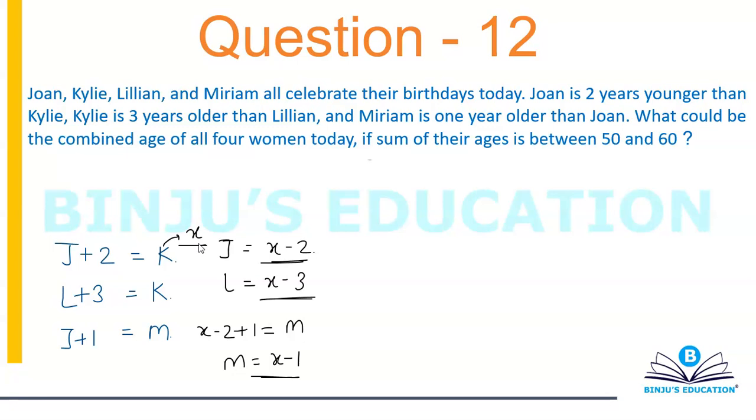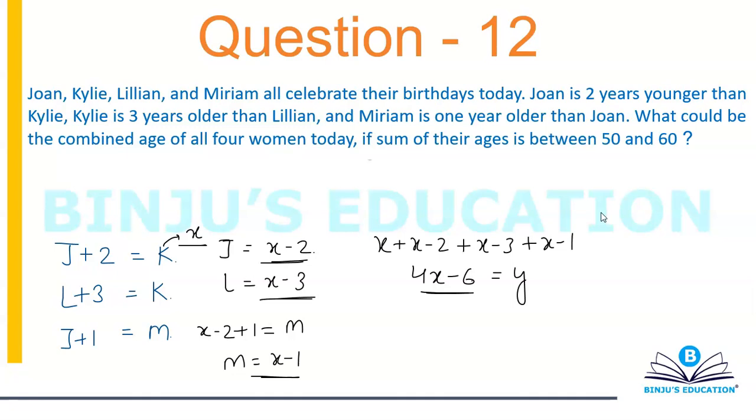Now if I add all four of them, it's going to be x plus x minus 2 plus x minus 3 plus x minus 1, which is equal to 4x minus 6. Now the sum of their ages is between 50 and 60. What could be the combined age of all four women today? I just need to plug in some value y here, which is of course between 50 and 60, that is basically 51, 52, 53 and so on up to 59.